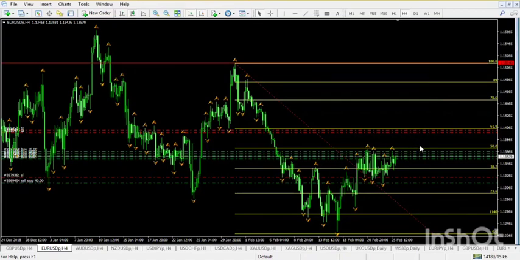So when it hits the 61 level, let it come down, let it retrace to the 50 level, and when it does, you should start the buying process and put your take profit on the 78 level, because it's going to hit 78 when it breaks the 61 level.